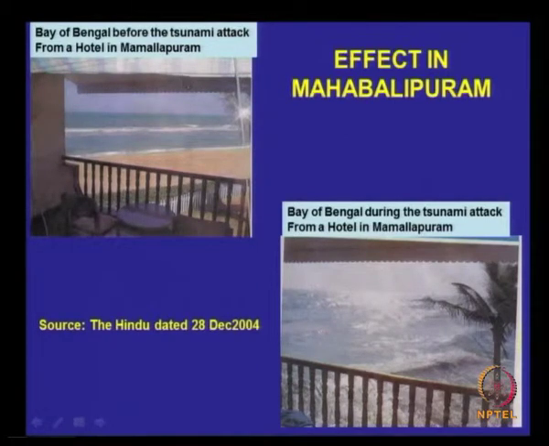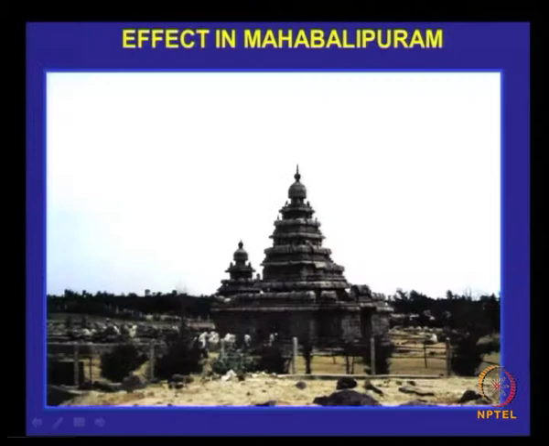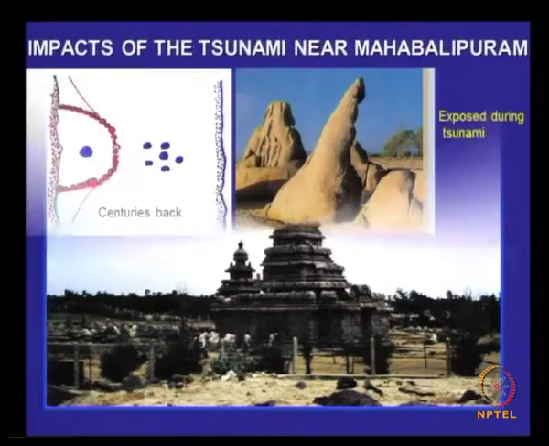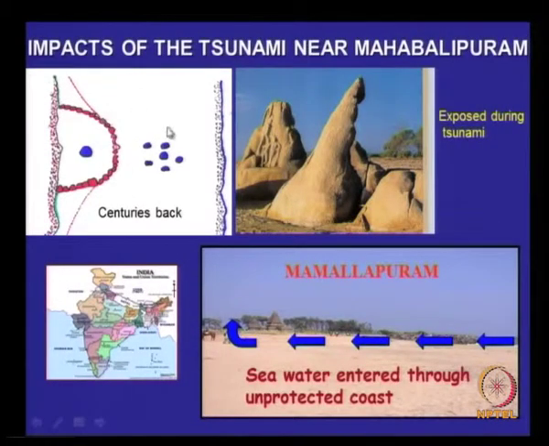So this is Mahabalipuram, a famous tourist spot, and this is how it looked during the tsunami from the balcony of a hotel. Where you could see the beach, now you see only waves. So this is Mahabalipuram, a case study which we have already seen in the lecture on coastal protection.